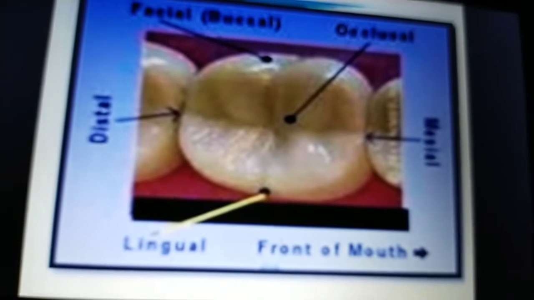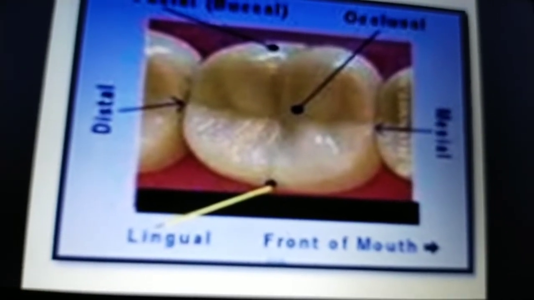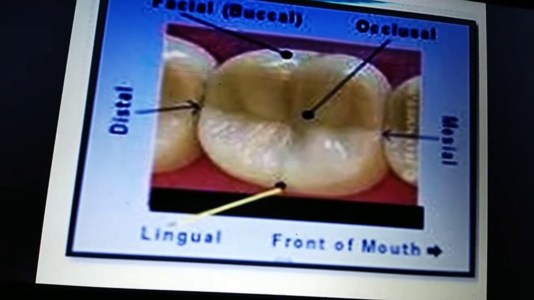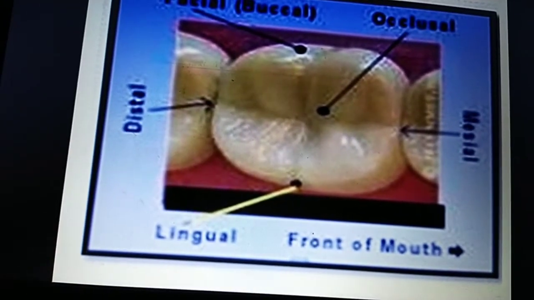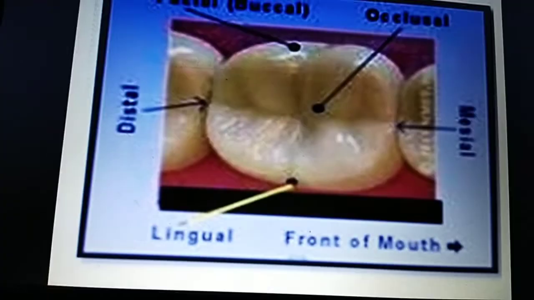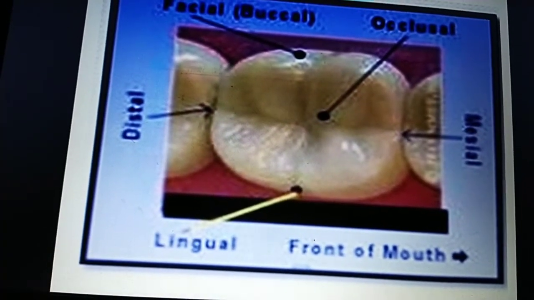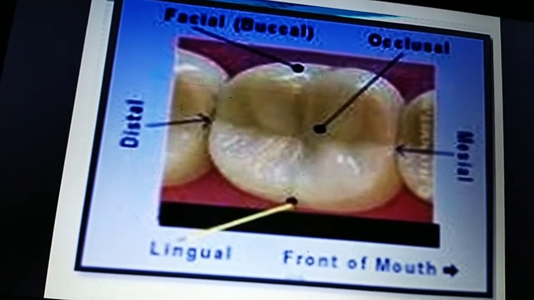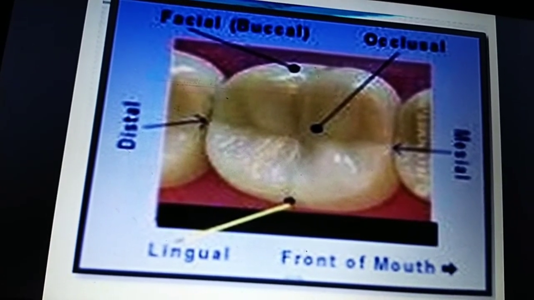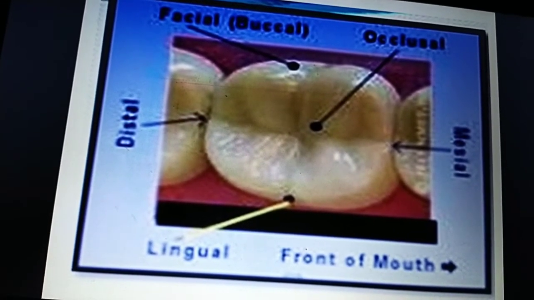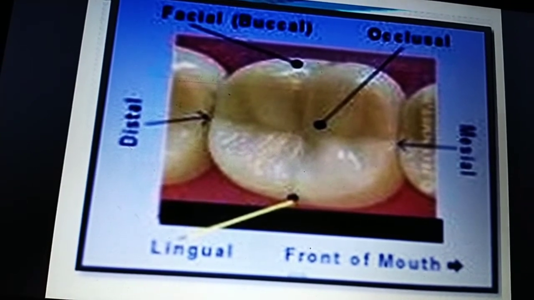Thank you very much. This is the brief anatomy of the tooth. Mainly there is dentition, primary and permanent, and there are formulas, and then anatomy. The anatomy is divided into three parts: crown, neck and root.